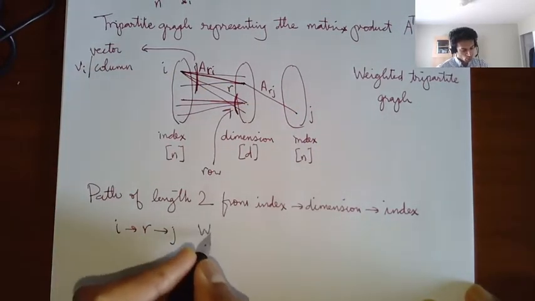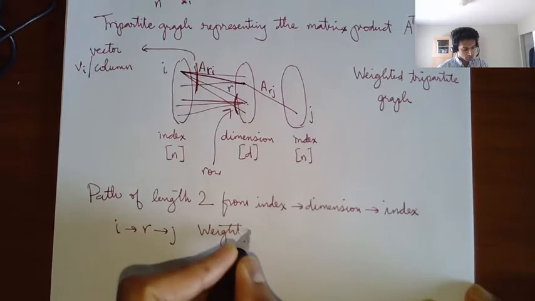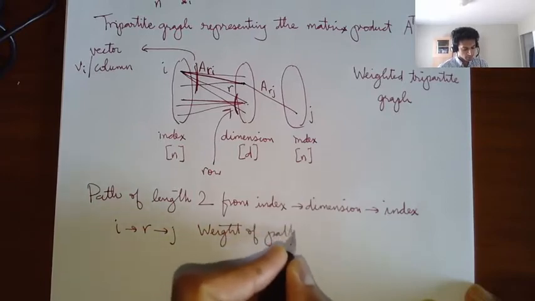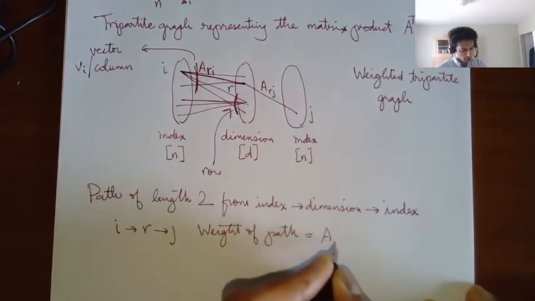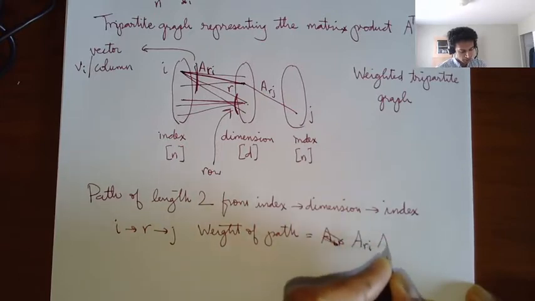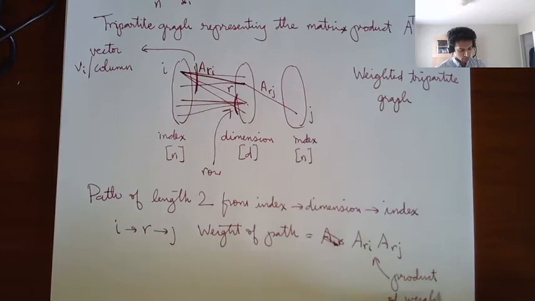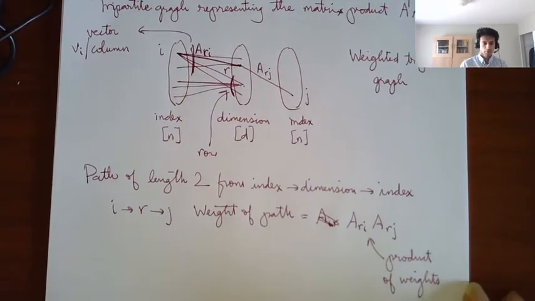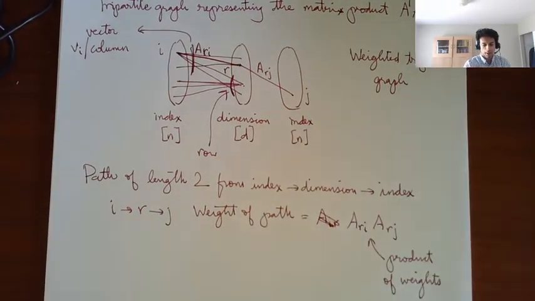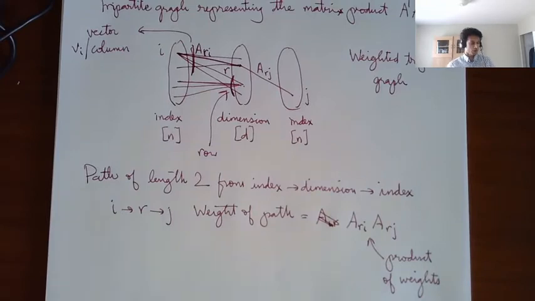Let me say the weight of the path is the product of entries, A_ri times A_rj. The weight of a path is the product of the weights.